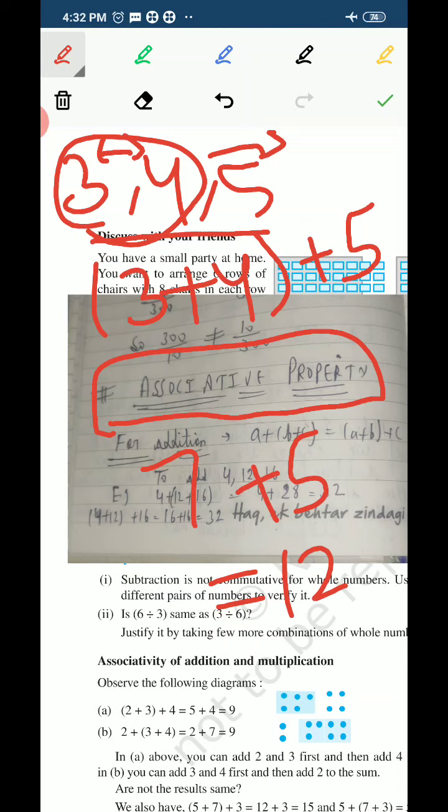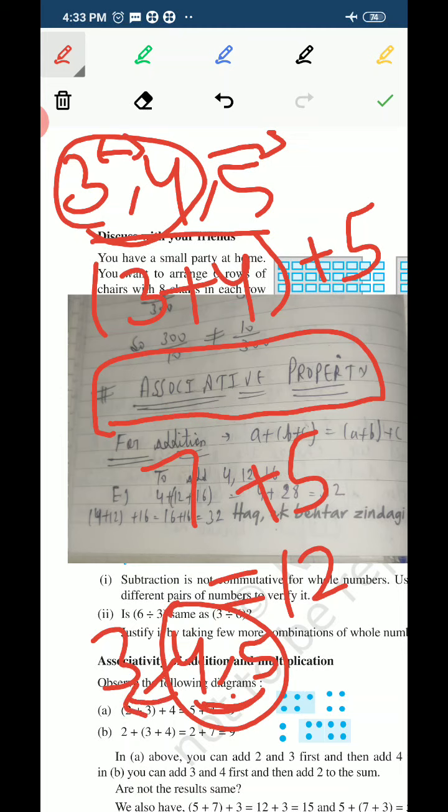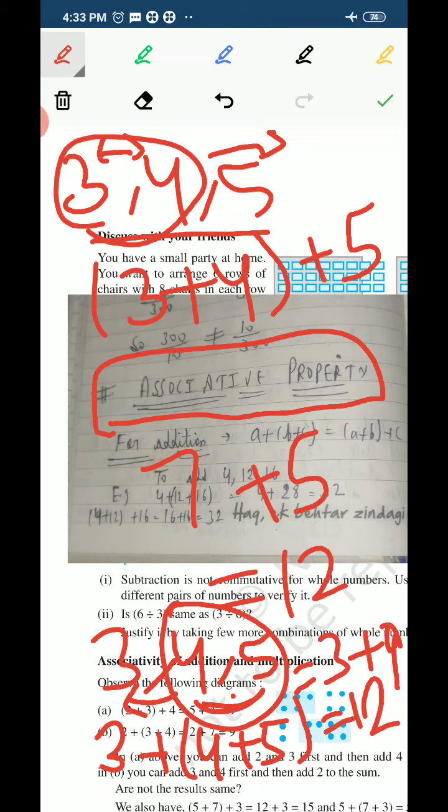The other type of association that can happen between 3, 4 and 5 is that we can associate 4 and 5 first, and then add the answer of this association to 3. That means first 4 plus 5 will be associated, and we will get 3 plus 9, and the answer will be 12.